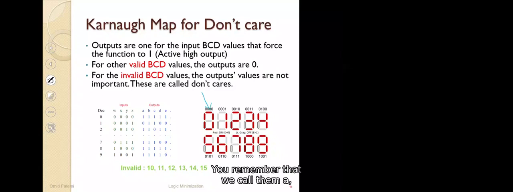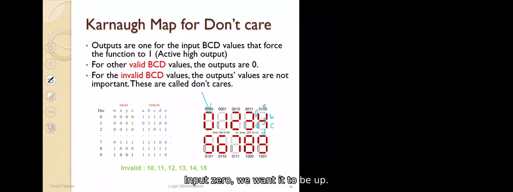You remember that we called them A, B, C, D, E, F, G. We had 7 segments, and each one of them, A to G, is an output. We want to turn it on or off based on the number that we input. So look at segment A. Segment A is on when we input number 0.